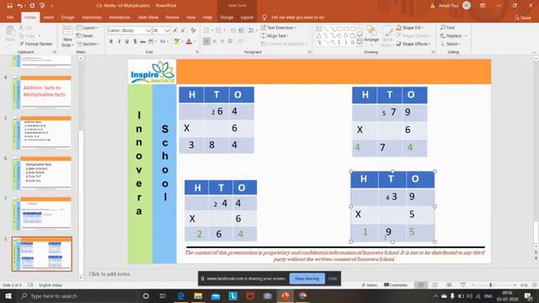195 is the answer. Okay, so this is how we solve the multiplication sum, that is, multiplying 2 digit by 1 digit.